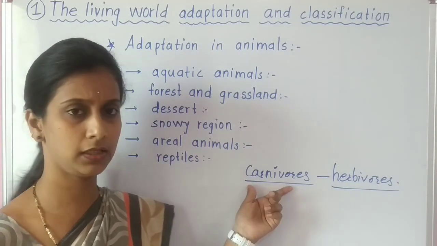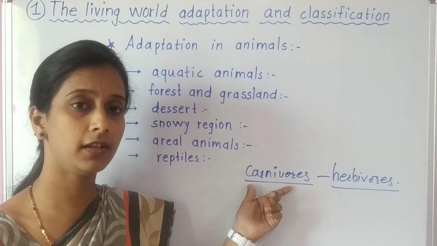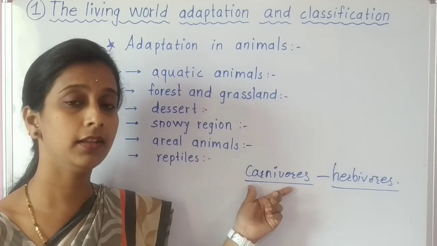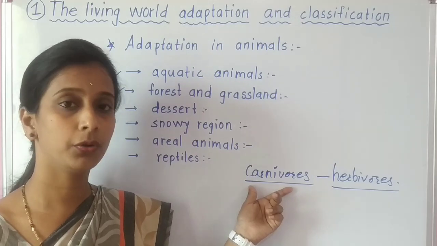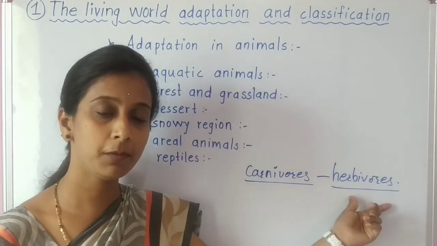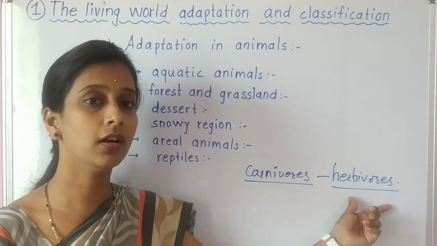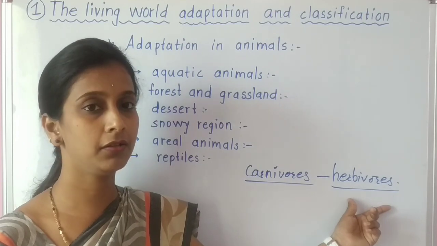So what is meant by carnivorous? These types of animals catch or hunt other small animals to get their food, to meet the need of food. And herbivorous, these types of animals eat herbs, trees or plants to meet their need of food.